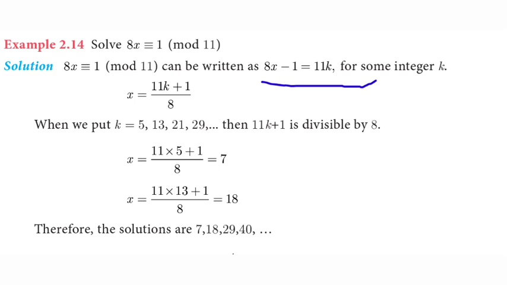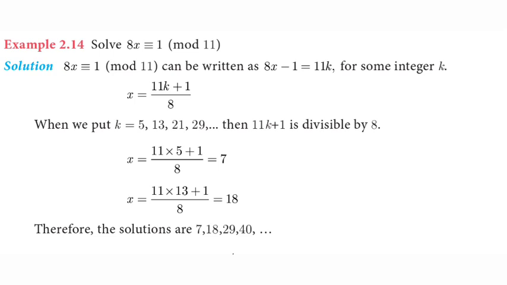A value is 8x, so 8x minus 1 equals 11k, k for some integer. Now 8x equals 11k plus 1, therefore x equals (11k plus 1) divided by 8.